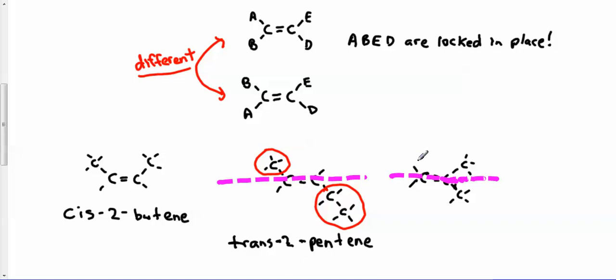And the answer is yes. If I switch H with H, I get this again. If I switch methyl with methyl, I get this again. So there's no cis-trans here.